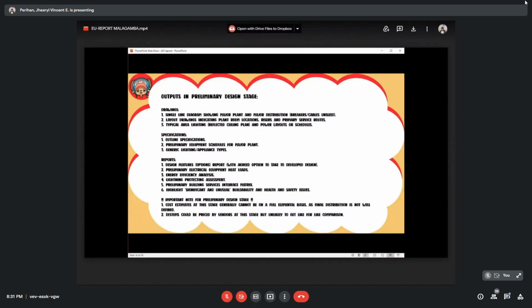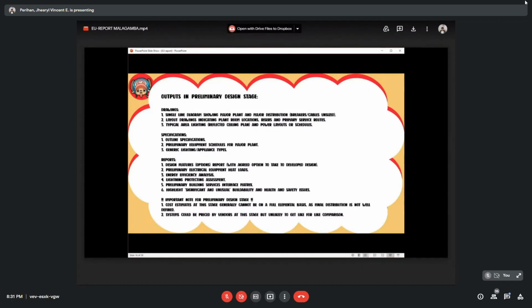For the reports, first, design features report with agreed option to take to developed design stage. Second, preliminary electrical equipment heat loads. Third, energy efficiency analysis. Fourth, we have lighting protection assessment. Fifth, preliminary building services interface matrix. And lastly, we have highlight of significant and unusual buildability and health and safety issues.